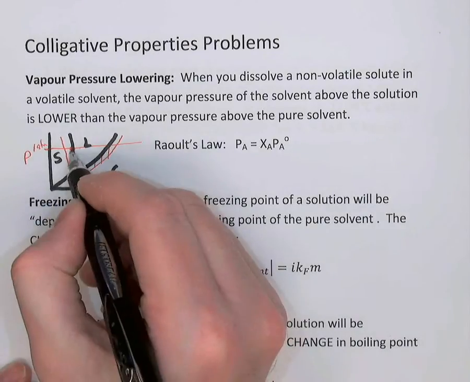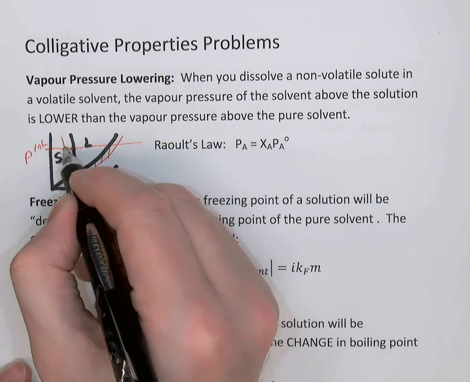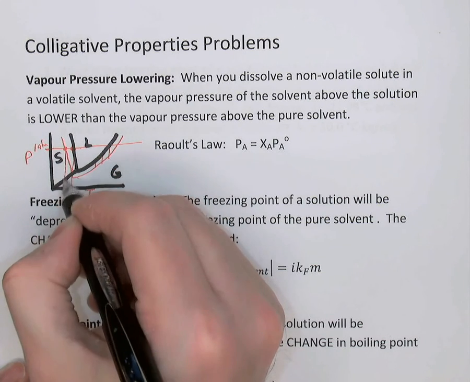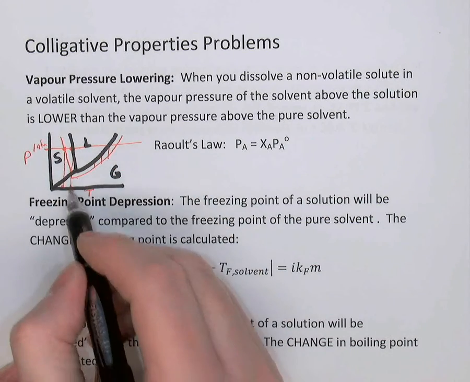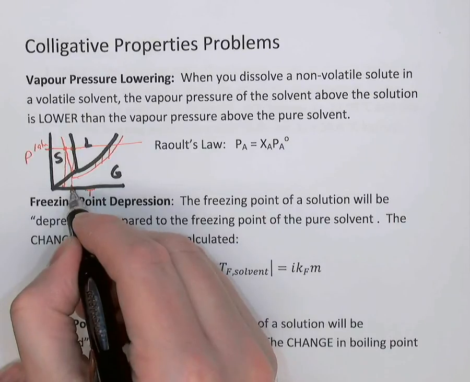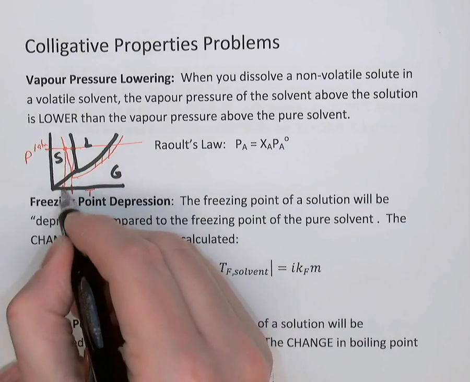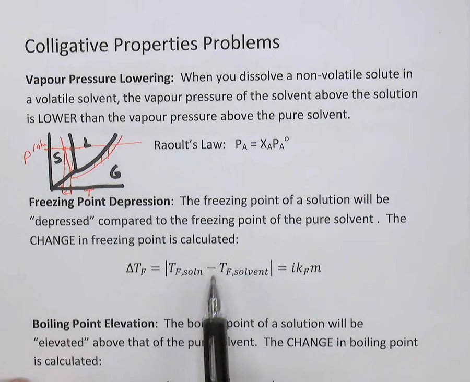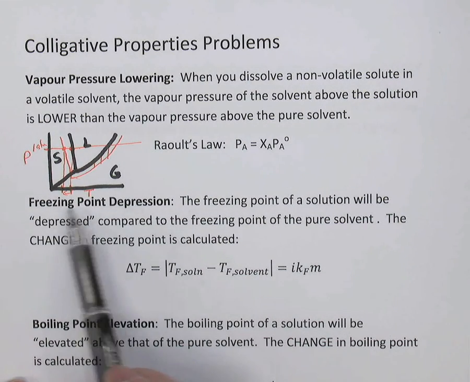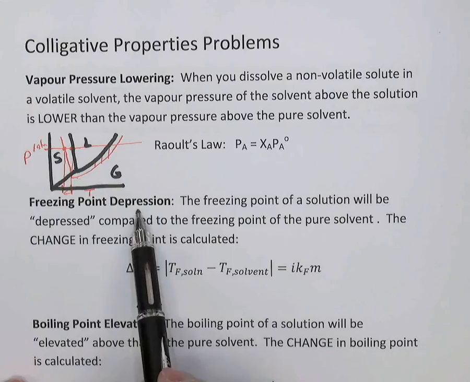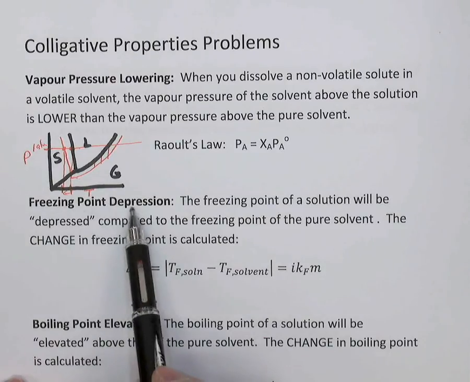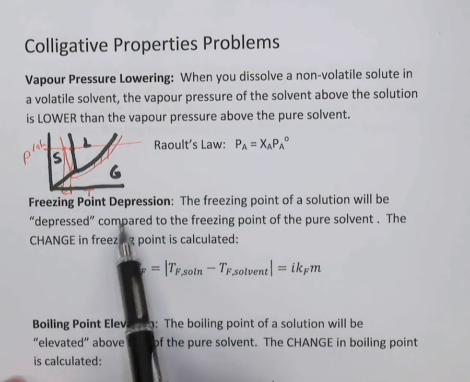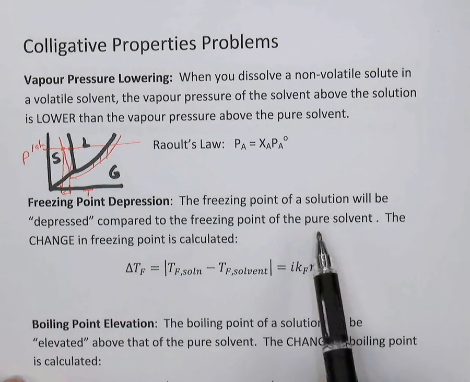But by dissolving a solute and lowering vapor pressure, the substance is now going to freeze at this point. So the old freezing point was here, the new freezing point is over here to the left, so we see that there's been a drop in freezing point, and that leads to the second colligative property, freezing point depression. So freezing points are depressed, they drop when you dissolve a solute into a solvent.